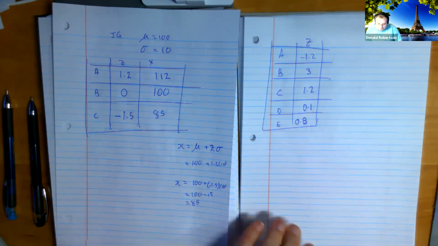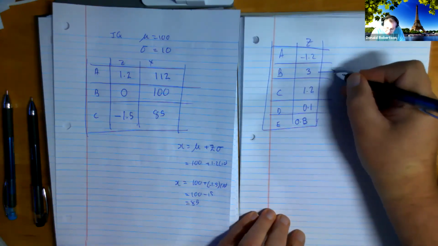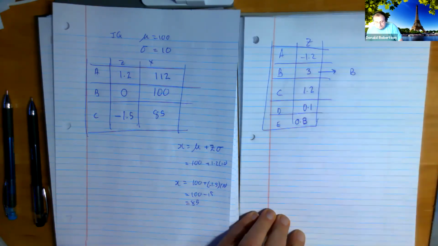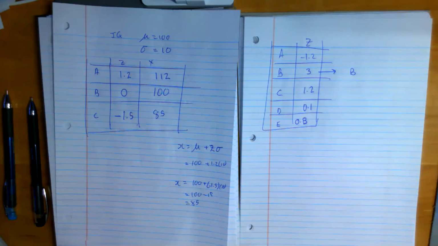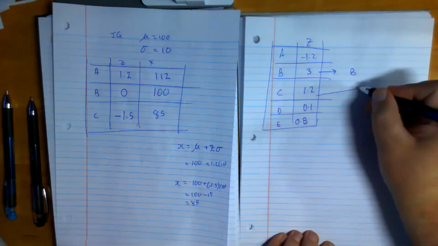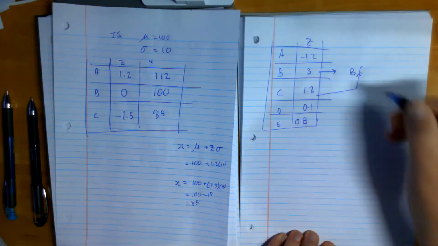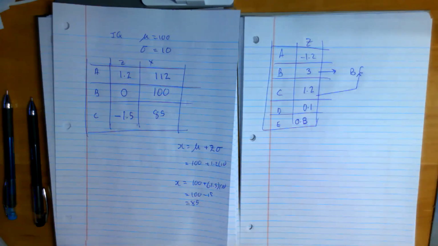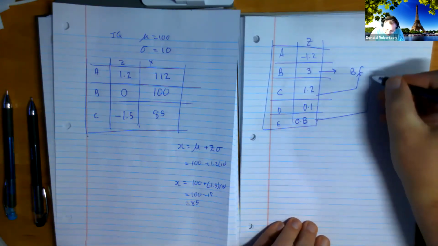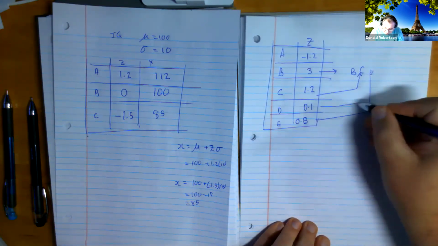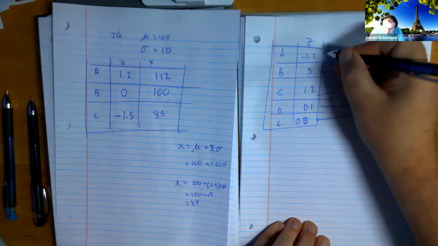B. That one, right? Who's the next tallest? C. Isn't E going to be in the middle? Yes. Then D, and then lastly, A.